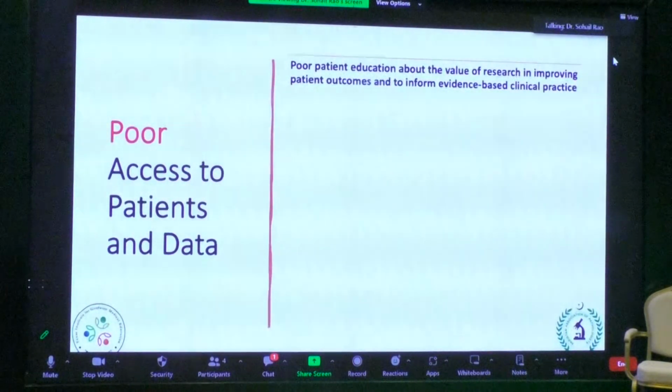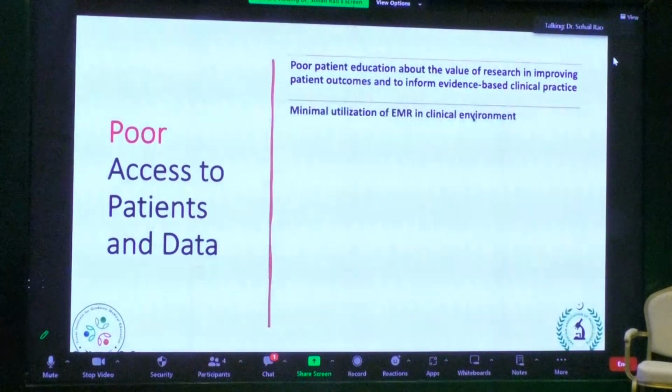We have poor access to patients and data. The first and foremost is that we do not have a very good patient education platform. So patients are not well informed about research, and they are also not well informed about evidence-based clinical care.